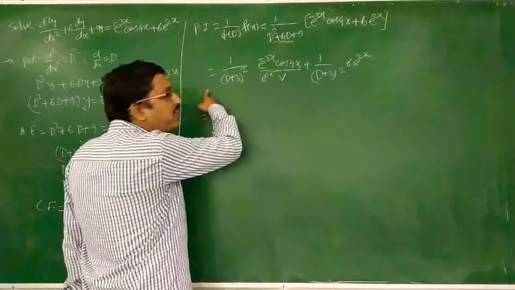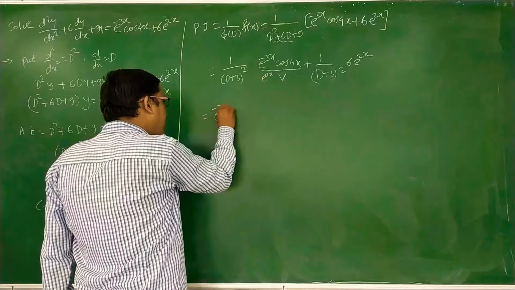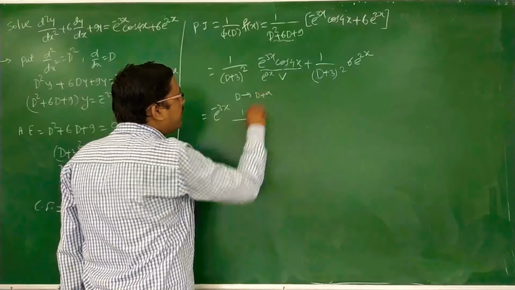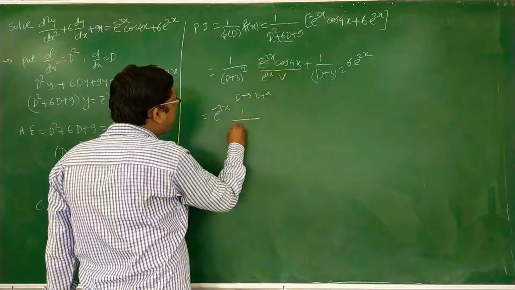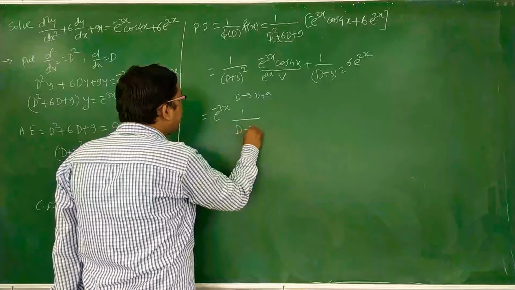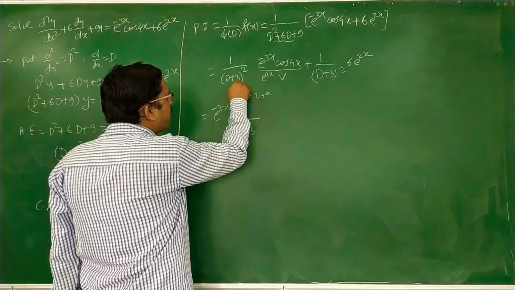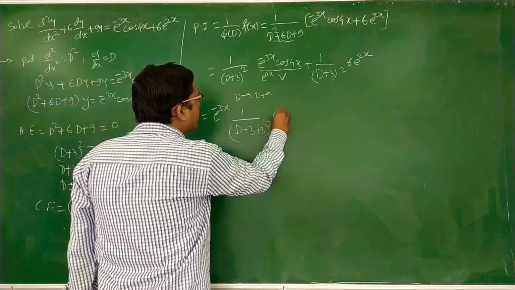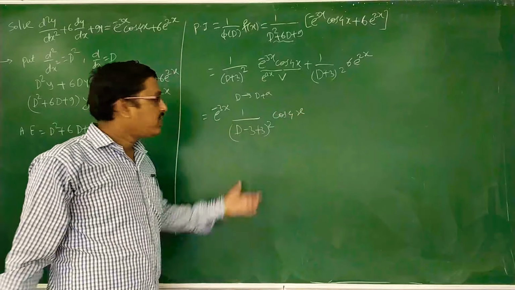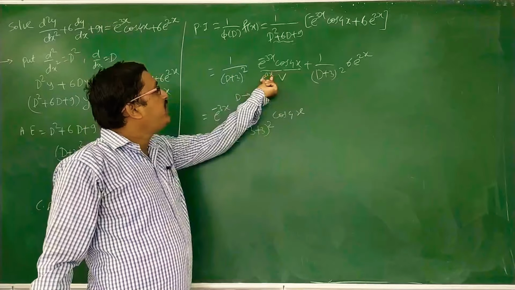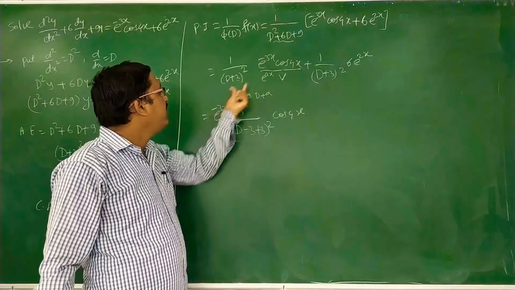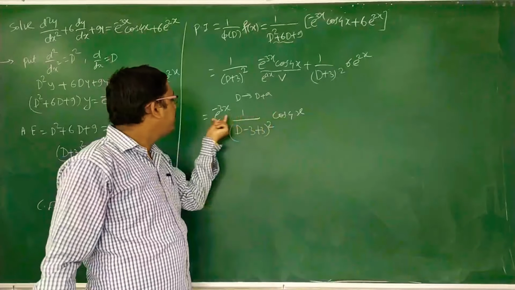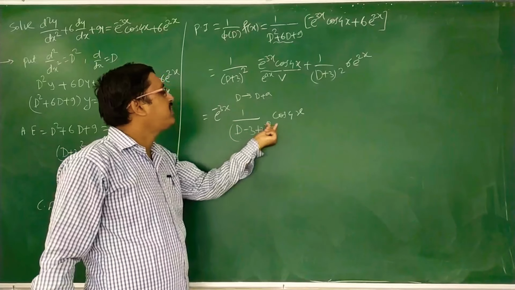Take e^(ax) outside the operator, that means e^(-3x) outside, and replace D by D + a. The value of a is -3, so replace D by D - 3, and the +3 as it is, squared, into v, that is cos 4x. So once again, see this formula: 1 upon phi of D into e^(ax) v is e^(ax) taken outside, and 1 upon phi of D + a into v. So this is e^(-3x) into 1 upon (D - 3 + 3)² into v.